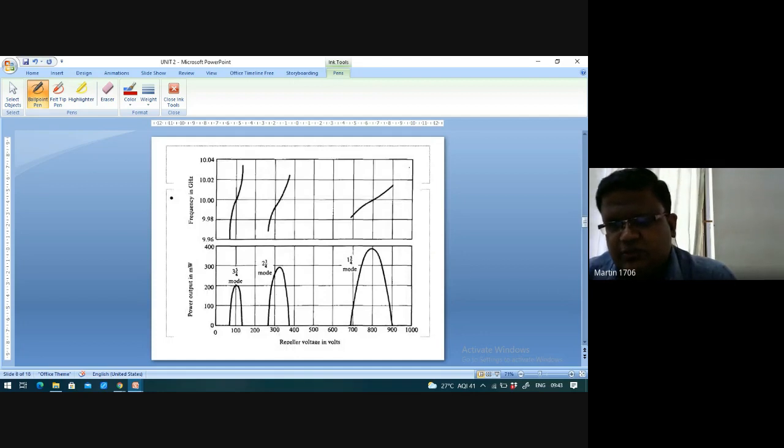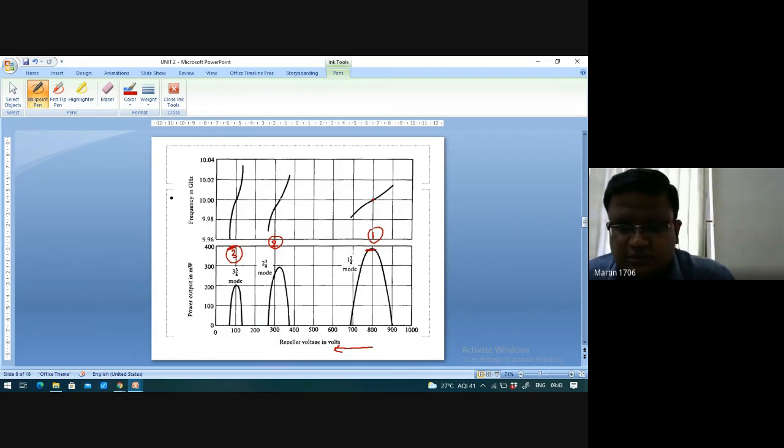So this is the mode, the first mode. Operating, it actually comes in reverse order. This is your first mode, this is your second mode, this is your third. Please see, the operating frequency is small here, but the amplification is higher.